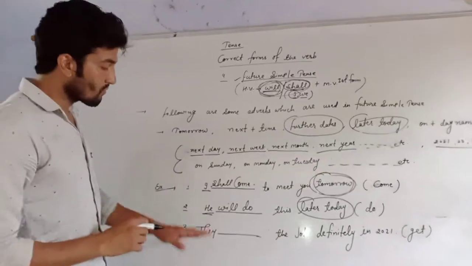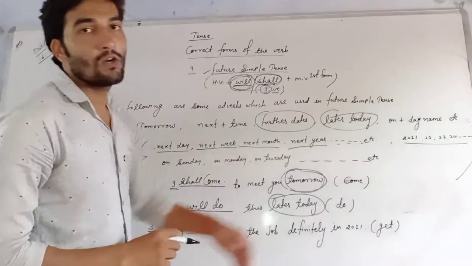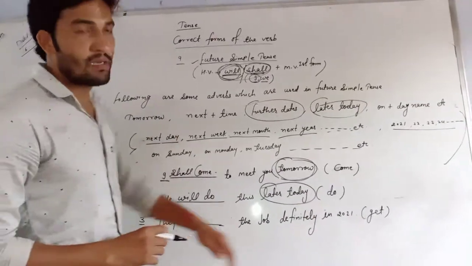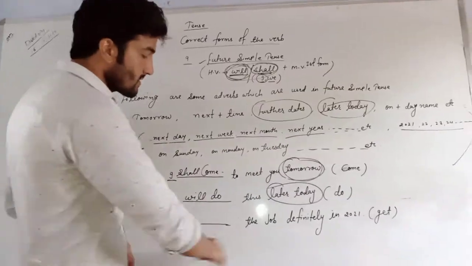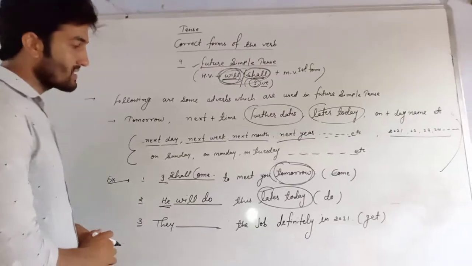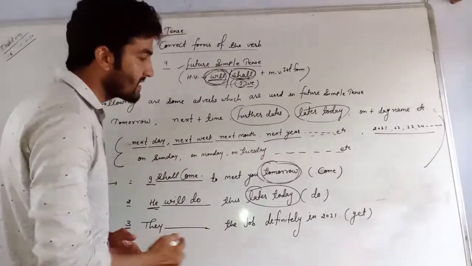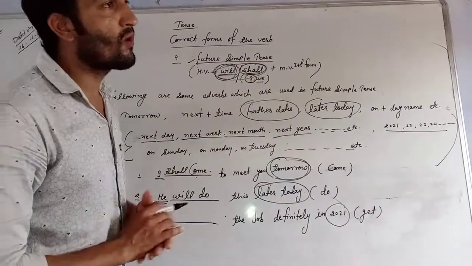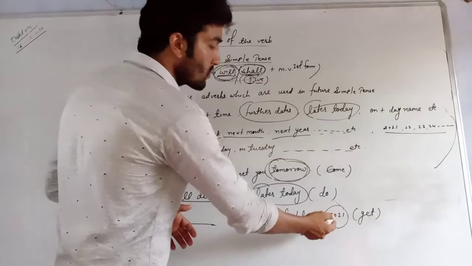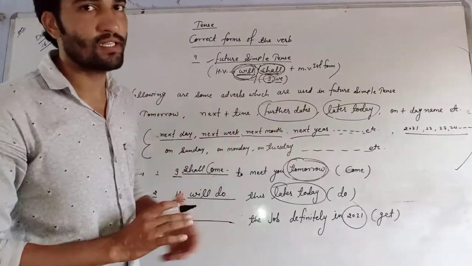Next sentence is: they blank the job definitely in 2021. In the bracket, the verb is get. Look at this sentence closely, and you will find that the name of a year is given, which is 2021. As you all know, it is running 2020.